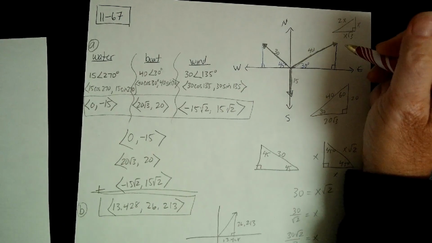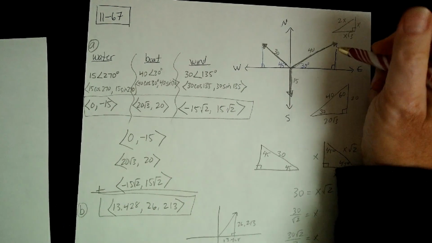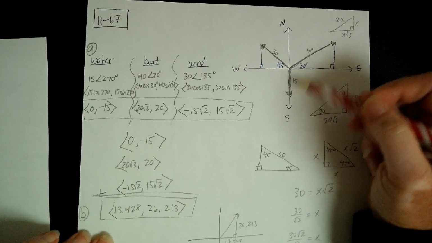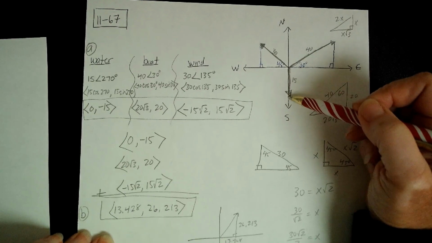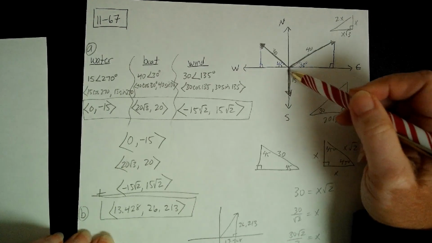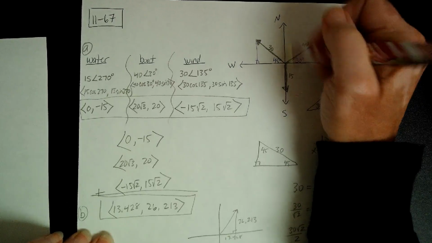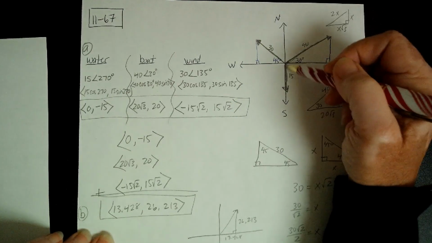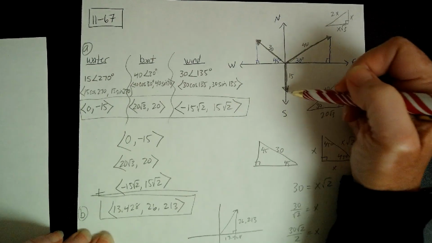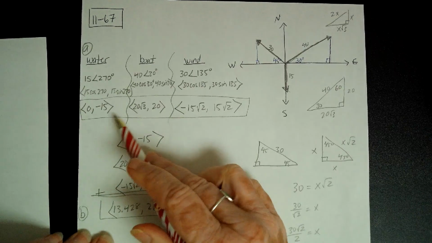So let's say I'm looking at the water. Well, the water is pretty easy because you can just look at it and say, if this is the y-axis and the x-axis, this is going to be 0 and then negative 15. So that's where that comes from.